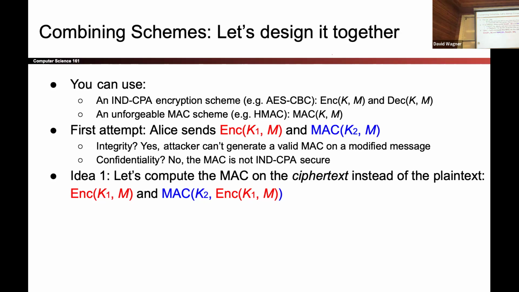Is encryption deterministic? No, encryption is not. We have an initialization vector, a random IV that's chosen randomly each time Alice wants to send a message and is therefore different every time. So if Alice wants to send the same message a second time, there'll be a different IV, so a different ciphertext.